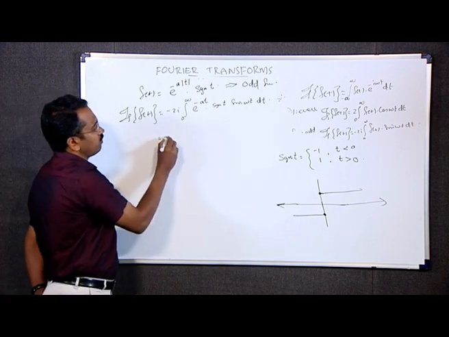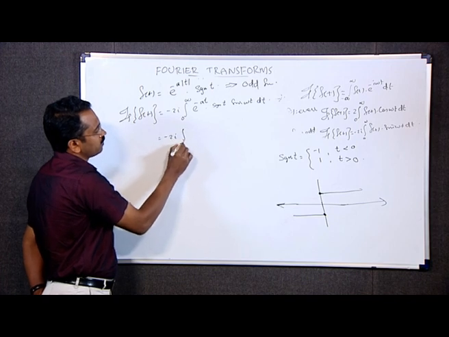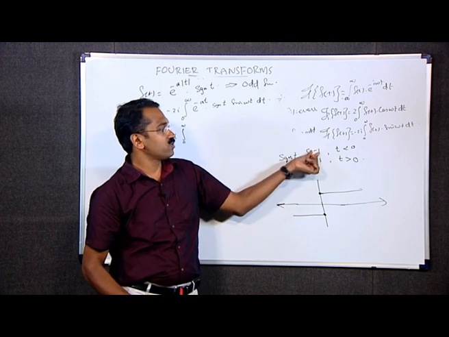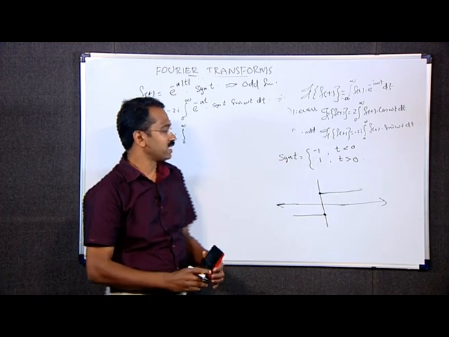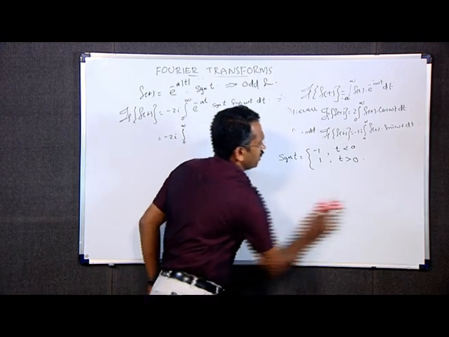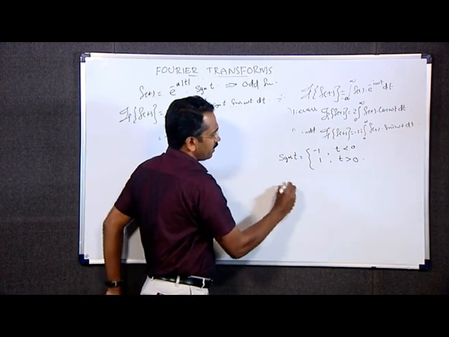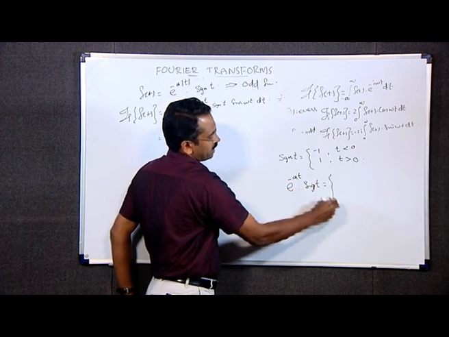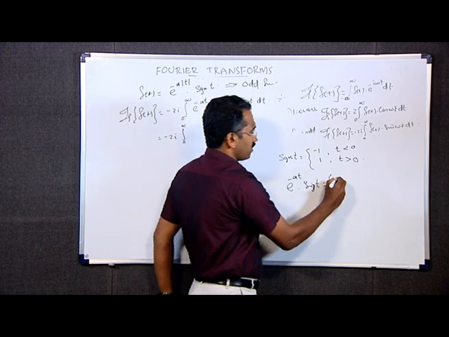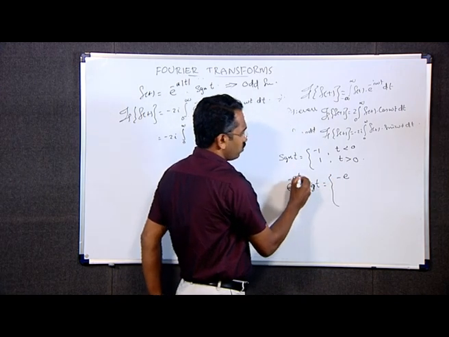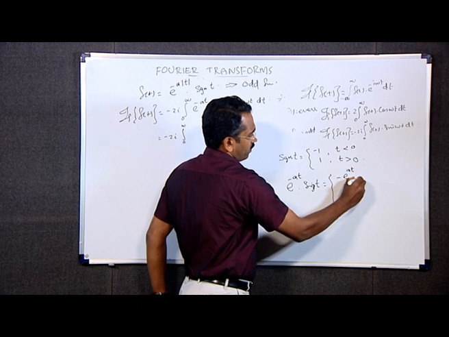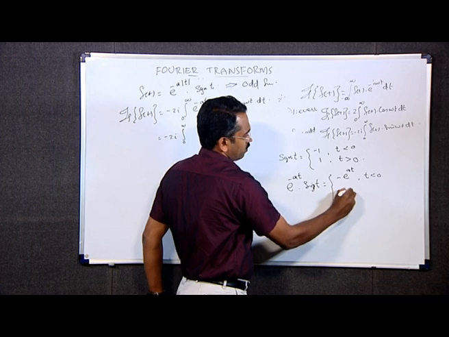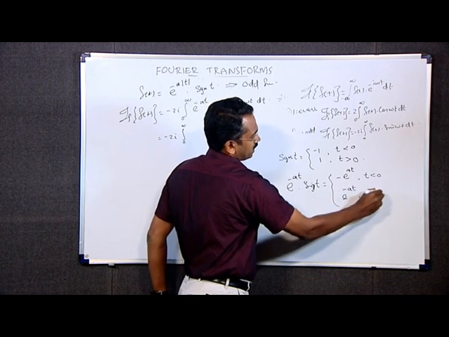This is equal to minus 2i into integral from 0 to infinity. Signum t is defined as minus 1 for t less than 0 and 1 for t greater than 0. Therefore, e raised to minus a t into signum of t is defined as minus e raised to a t for t less than 0 and e raised to minus a t for t greater than 0.